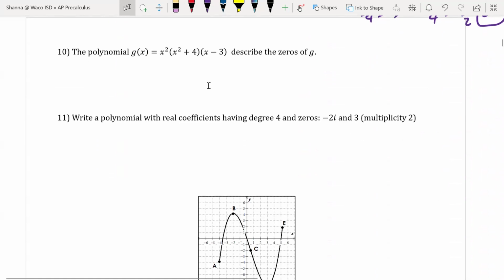So, does this look familiar from our Kahoot? Okay, let's see if we can get this one right. What type of zeros do I have? Okay, how many reals do I have? I have 2 reals. And what are they?